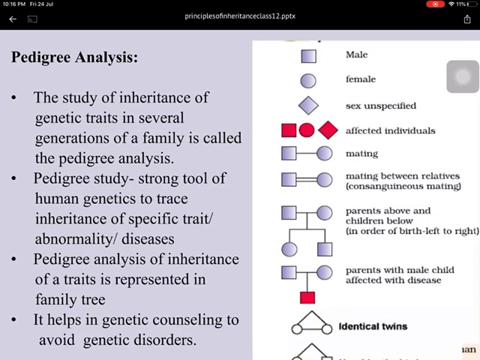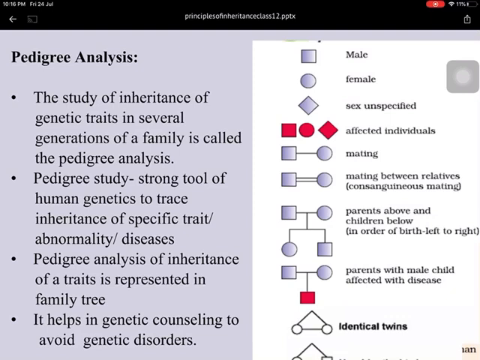If a person is affected, then we have to color it. Matching is shown by a straight line between the relatives, with parents above and children below, always. Children are shown in order of birth, left to right, so the first birth is on the left and the second birth is on the right side.